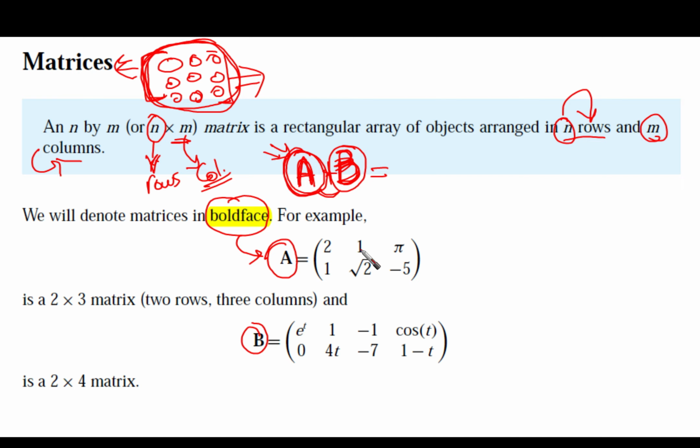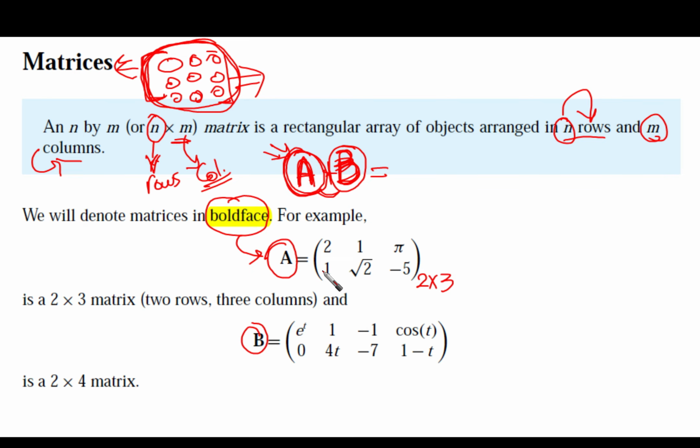As you can see here, for example, this is A. We put it between parentheses like this, and this is the first row. We have 2 rows, so we denote it like here: 2 rows by the number of columns, 1, 2, 3. So we have 3 columns.